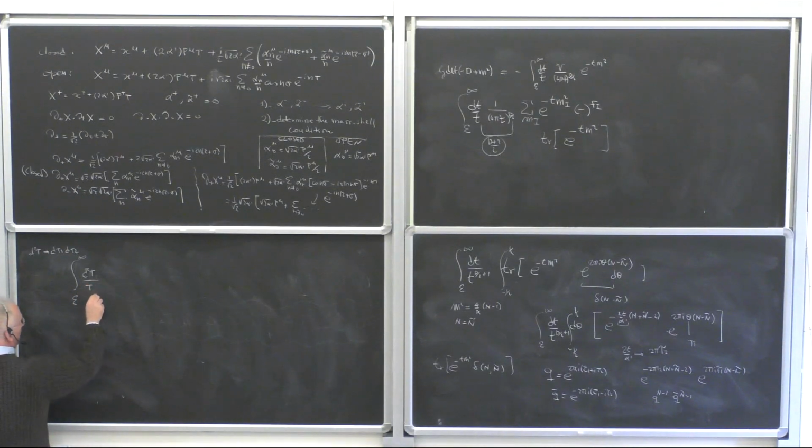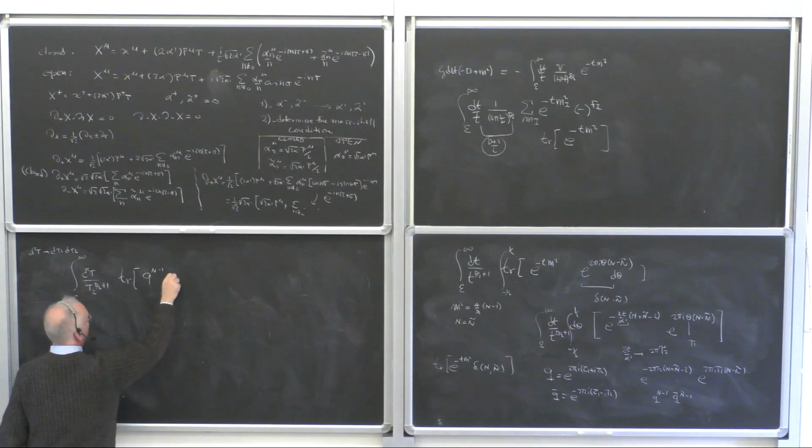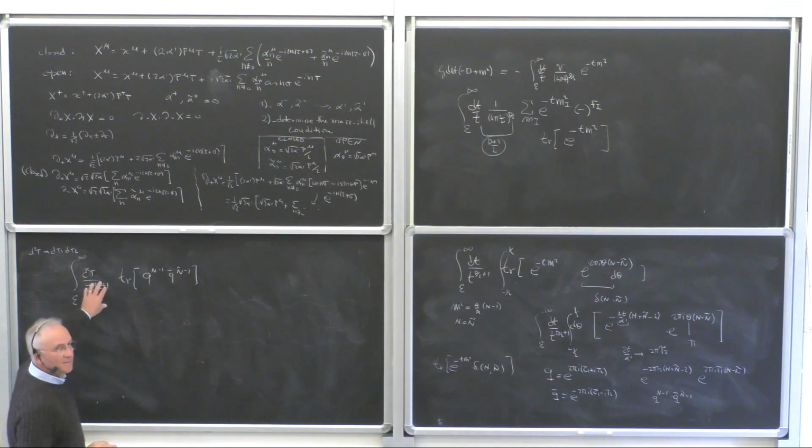Then this t is proportional to tau 2, and so I write it like this. And then I have this trace of q to the n minus 1, q bar to the n tilde minus 1. But now there is no constraint on n and n tilde, so this trace factorizes. You can do it because the constraint on n and n tilde is enforced here.